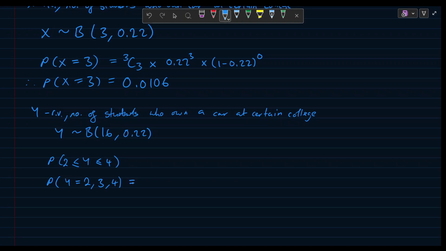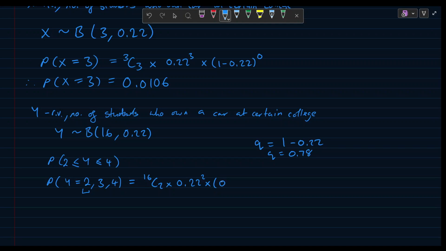So let's do that using binomial probabilities. Let's start with the probability that y is equal to 2. That's going to be n choose r, so 16 choose 2, multiplied by the probability of success, 0.22 raised to the r, so raised to the power 2, times the probability of failure. So let's just calculate the probability of failure. Q is 1 minus p, so 1 minus 0.22, so Q is 0.78.